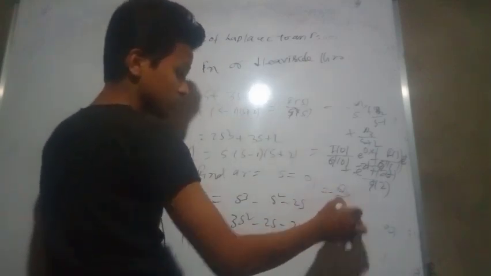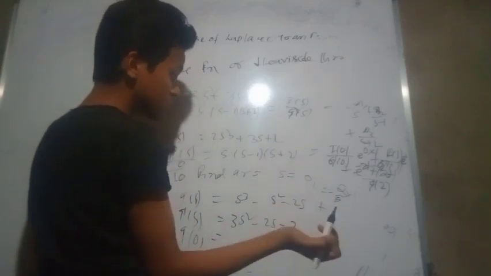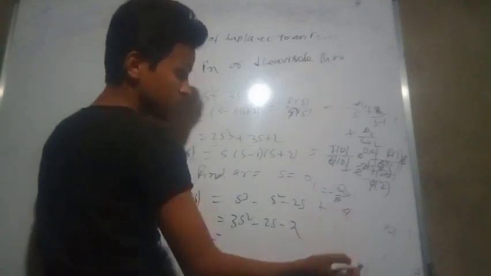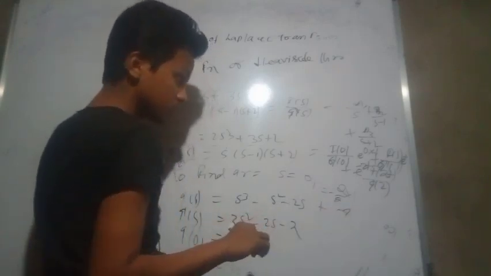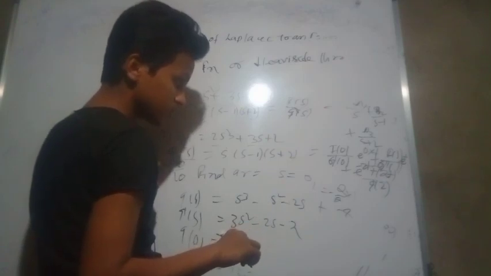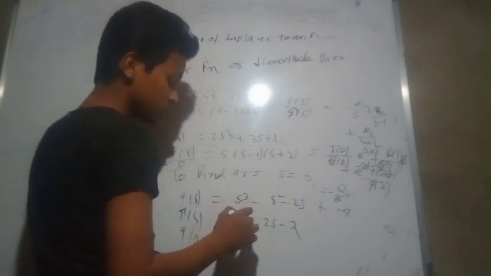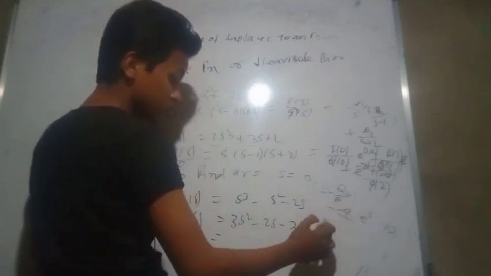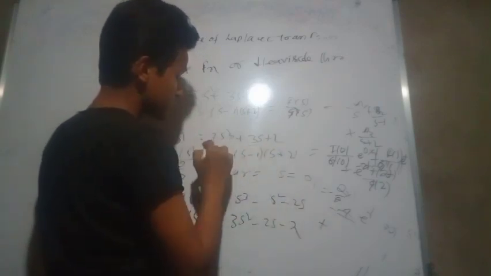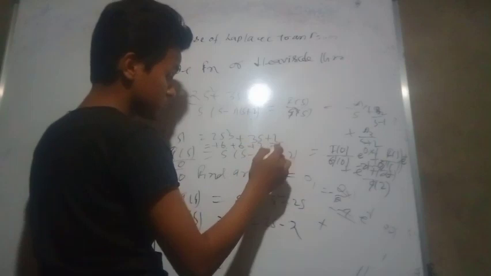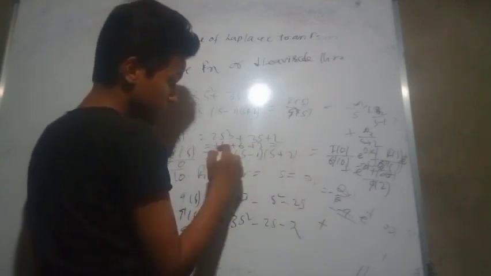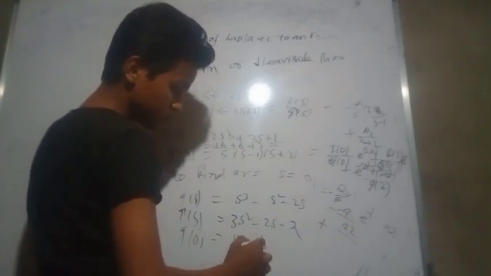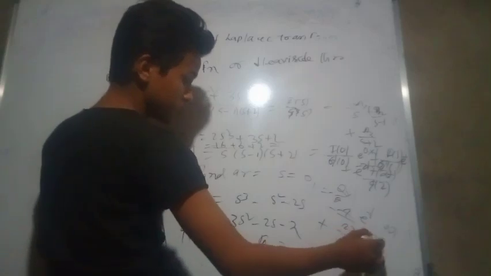Plus f of 1 will give us 7 by g dash 1, which will give us 3 minus 1, e to the power t, plus f of 2 will give us 22 upon g dash 2, that is 12 minus 6, which is 6, e to the power 2t, which gives us 11 by 3.